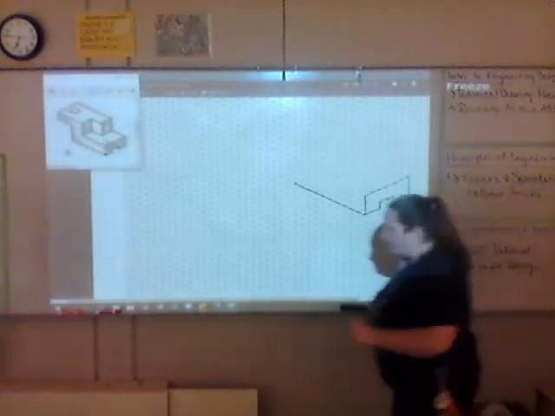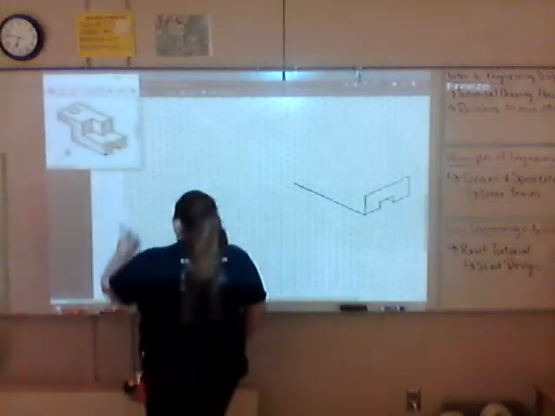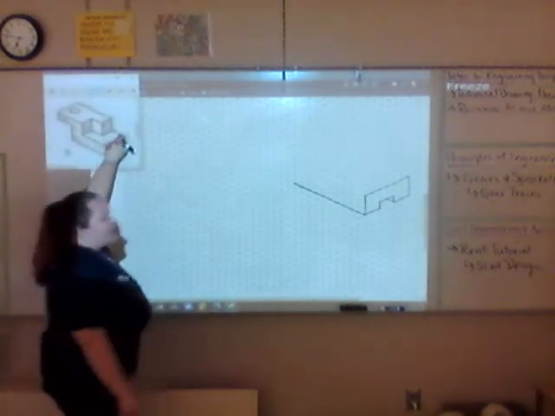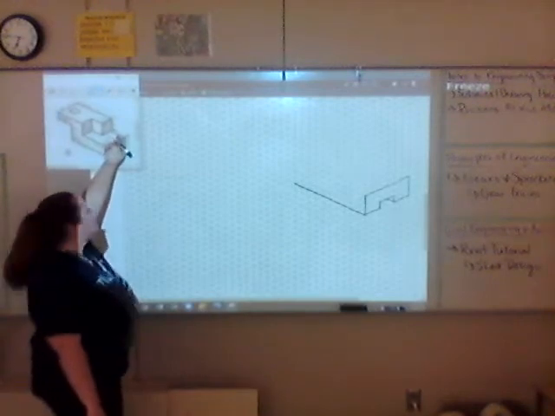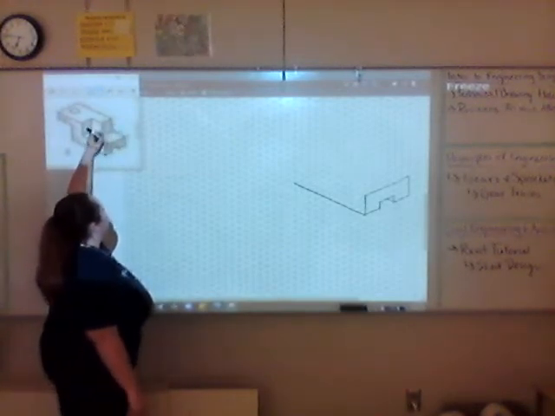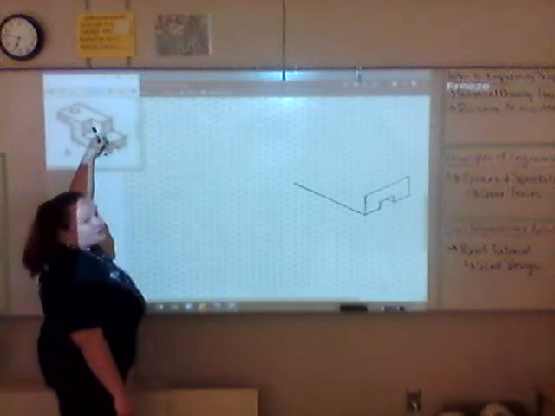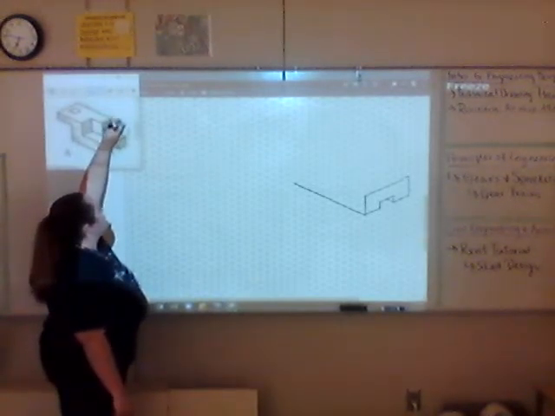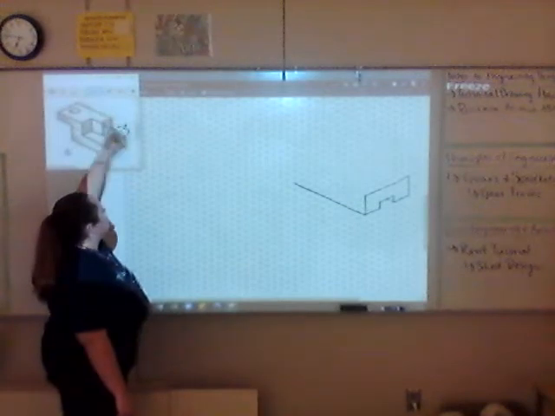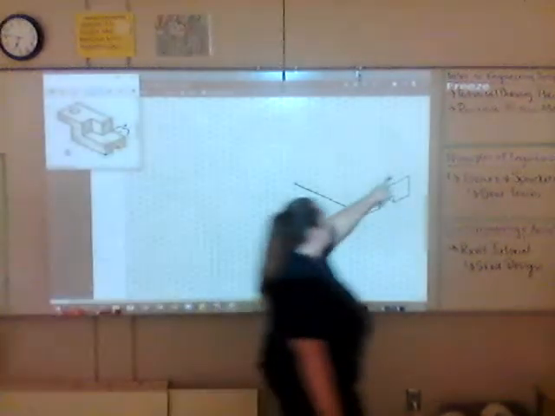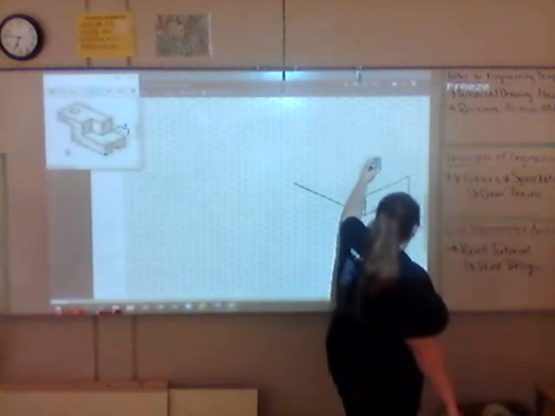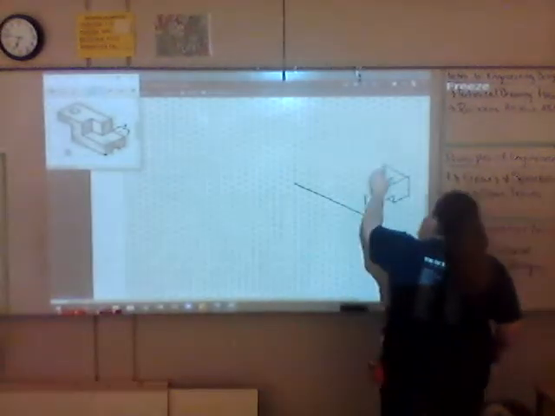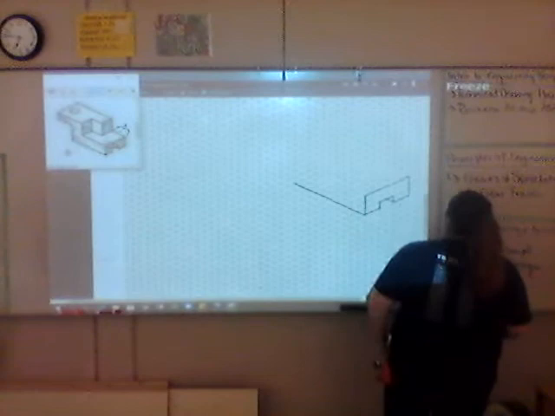Okay? So for number 5, it does have one of those spaces that are 4 instead of just 2. So technically you could put 2 2's right there. So this whole space is 4. So we're going to count to the left 4 to right here to define that line right there.